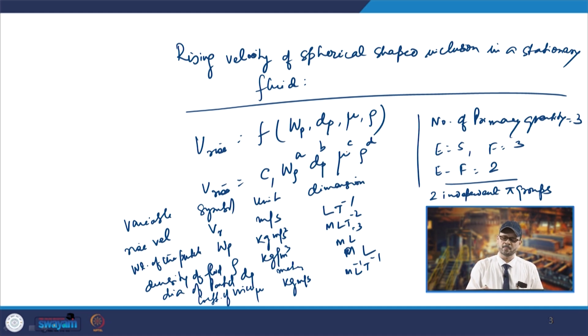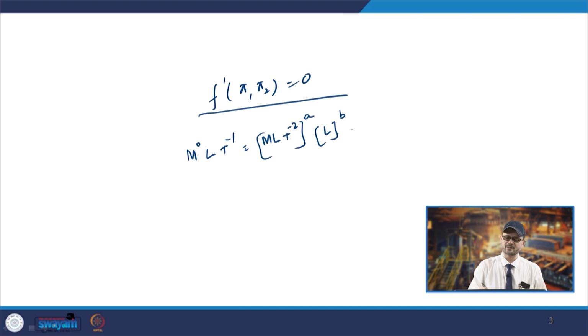So, then mu will be M L minus 1 t minus 1. We have taken rho raised to the power d. So, rho is your M L minus 3, kg per meter cube, and then you will have M L minus 1 t minus 1 raised to c and d.